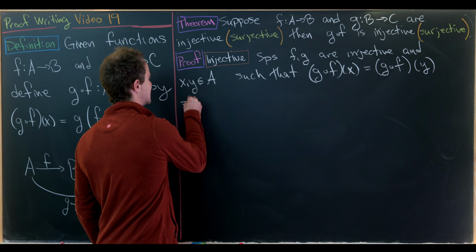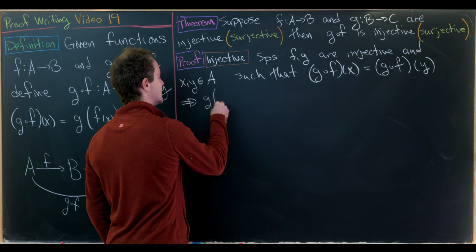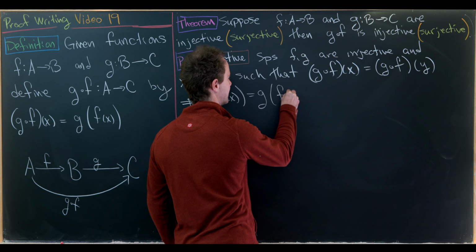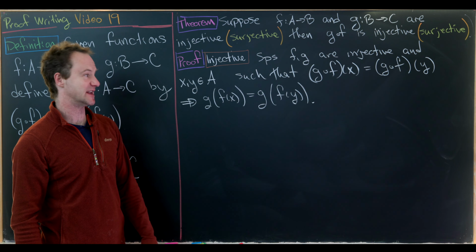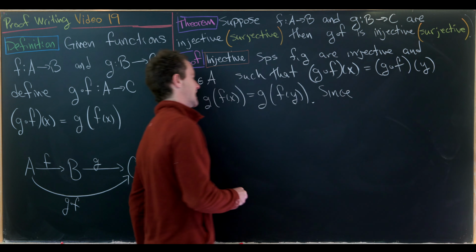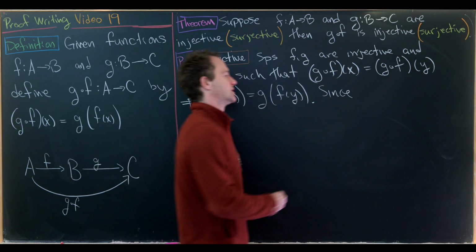So notice that this tells us via the definition of composition that g of f of x is equal to g of f of y. But now we'll use the fact that g is injective to say that f of x is equal to f of y. Remember, that's the definition of injectivity. So let's write that down.